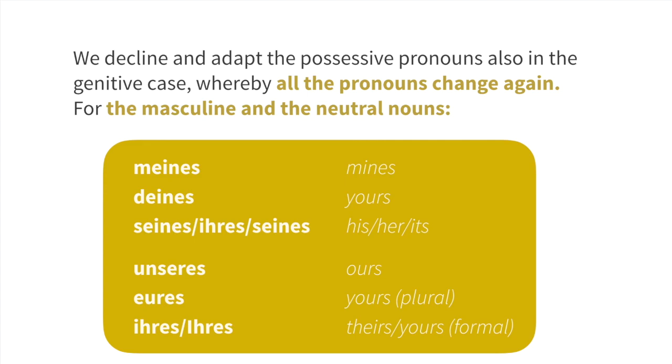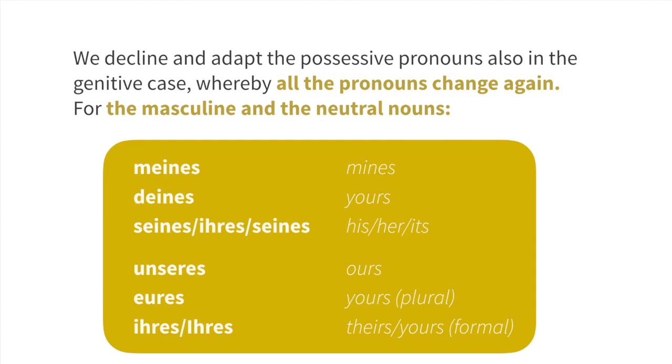For the masculine and the neutral nouns, we have meines, deines, yours, seines, ihres, seines, his, her, or its, unseres, ours, eures, yours in plural, and ihres, theirs, or yours in the formal speech.